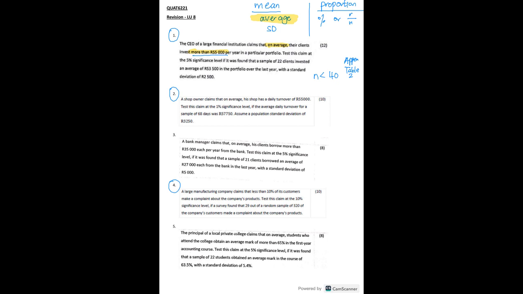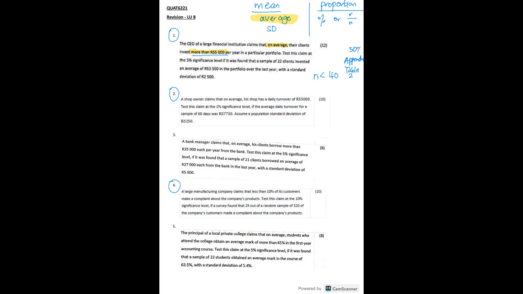Sorry, let me just take out that sign here. Okay, so appendix table 2, I think it's page 507, if I'm not mistaken, in your textbook. This will be given to you in your formula sheet, page 507.